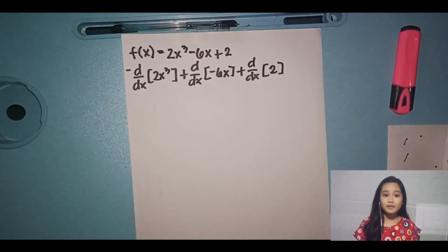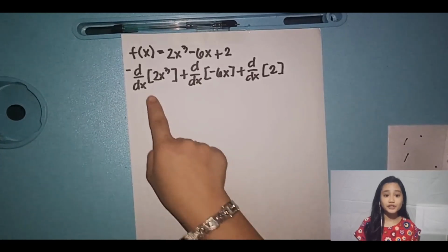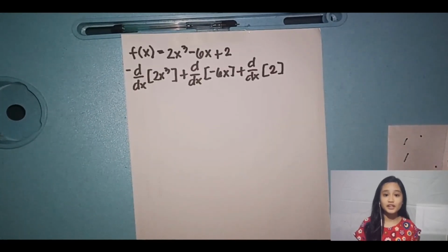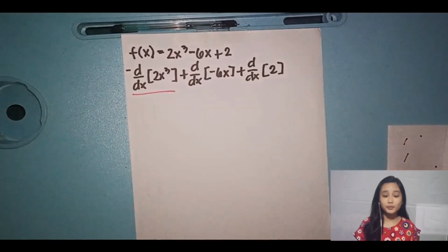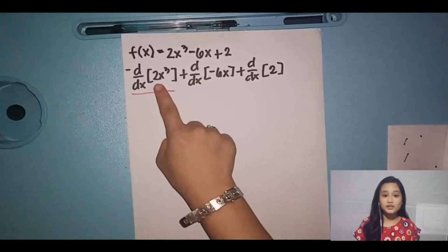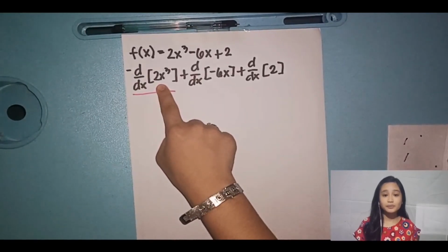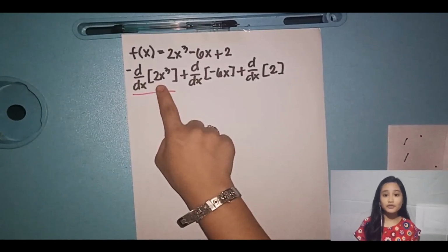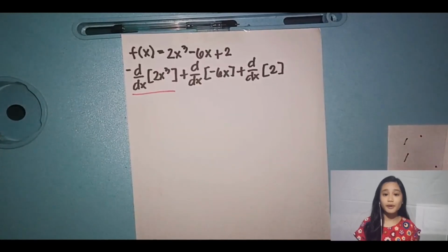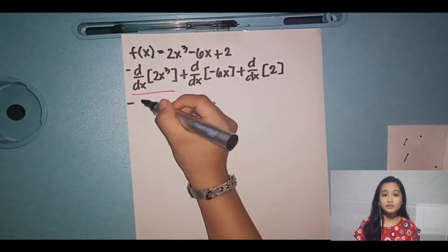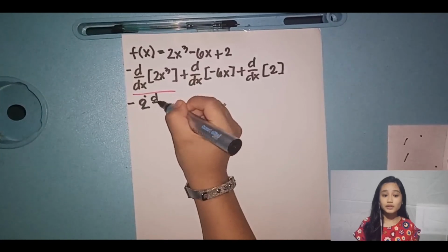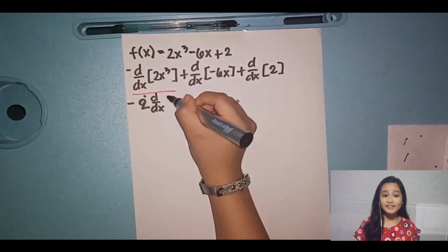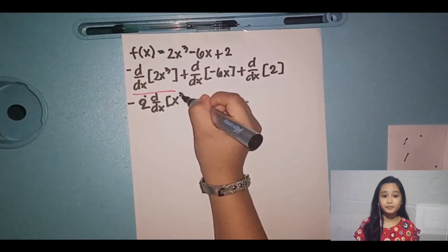The next step is to evaluate the first term, which is d over dx times 2x cubed. Since 2 is constant with respect to x, the derivative of 2x cubed with respect to x is 2 times d over dx times x cubed.